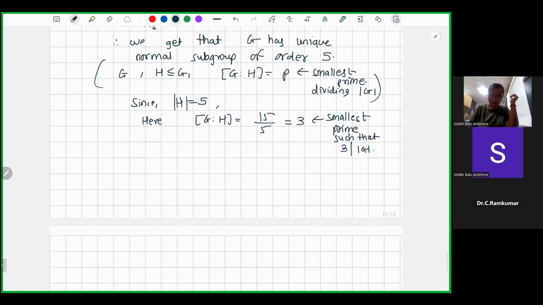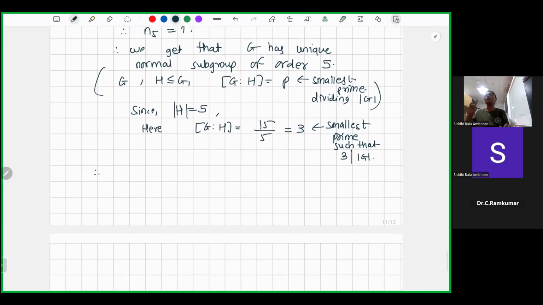So 5 to the power 1 is the maximum power of 5 which divides the order of G. That's why the Sylow 5 subgroups are of order 5.